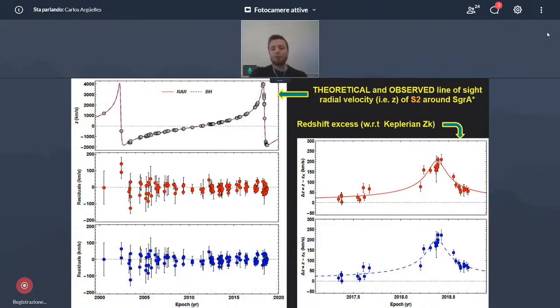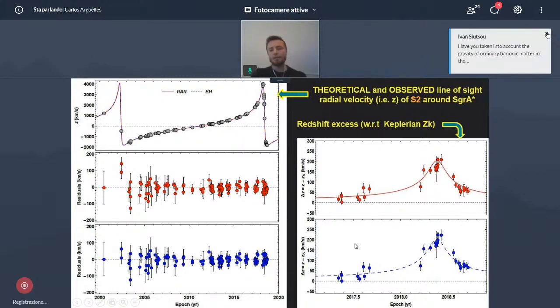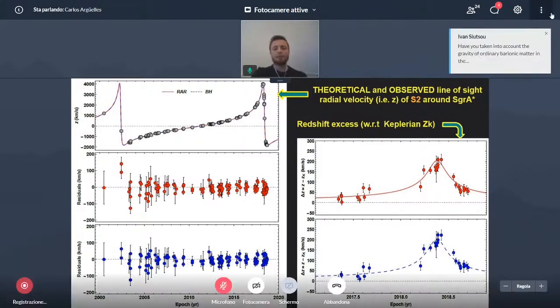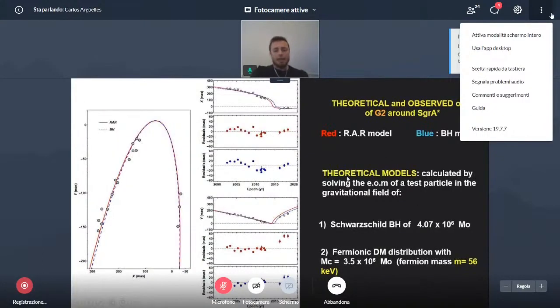But the data shows really an excess. It means that there are relativistic terms or contributions to this redshift that the black hole can fit very well, but also our model can fit with similar chi-square. So the relativistic redshift excess can be fit by both models.